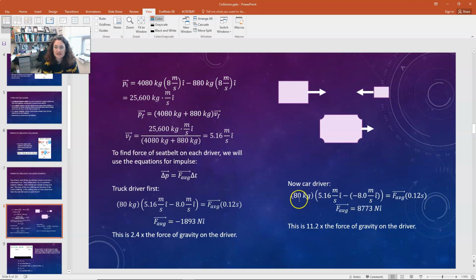So that means that it's 80 times 5.16 plus 8 meters per second, divided by 0.12 seconds. And that gives an average force of 8,773 newtons in the i-hat.